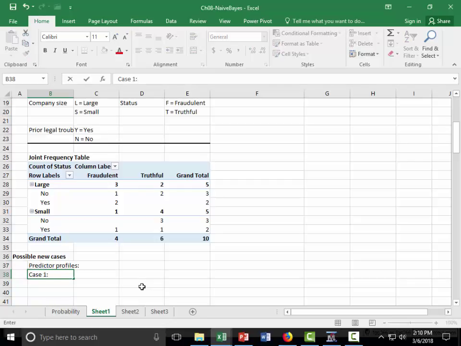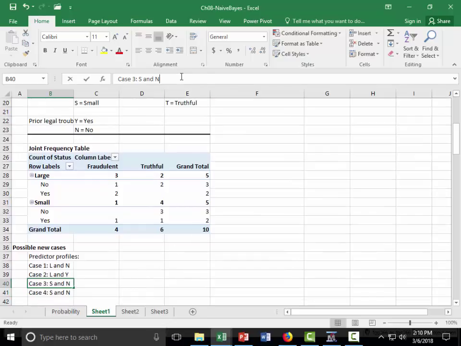Case 1 will be L and N. Case 2 will be L and Y. Case 3 is S and N. Case 4 is S and Y. Well, let's do it in the same order, N first and then Y. It's the same order.